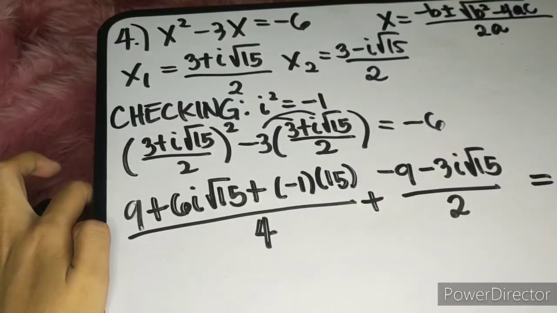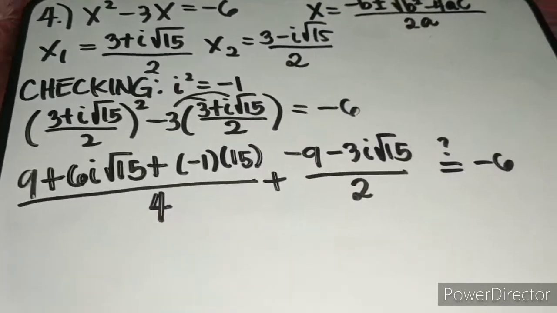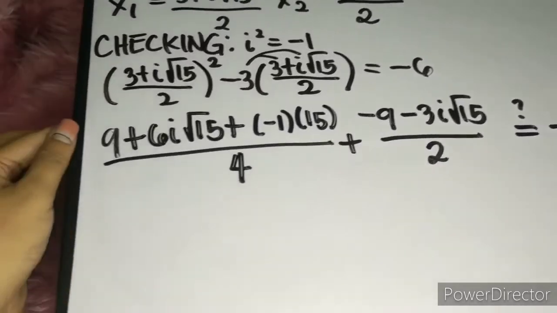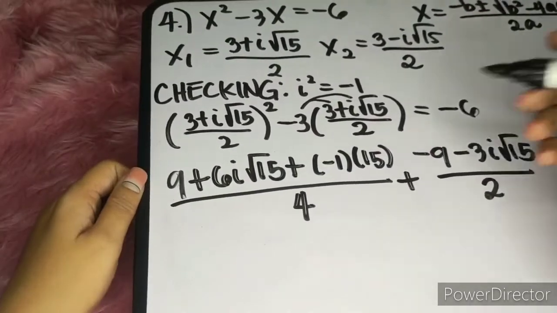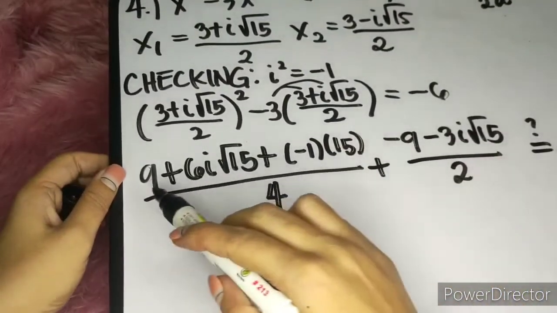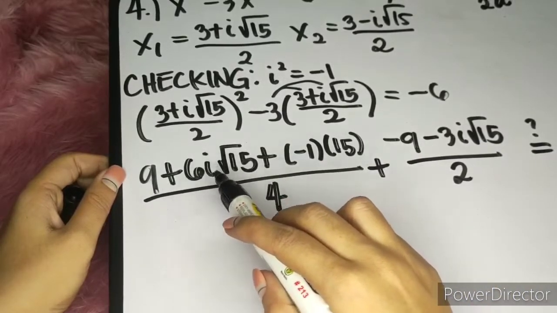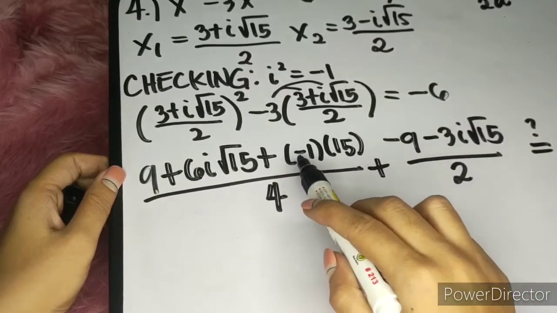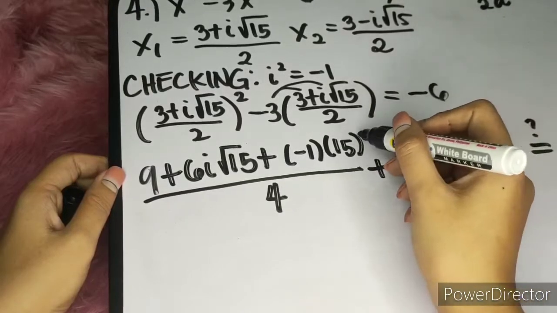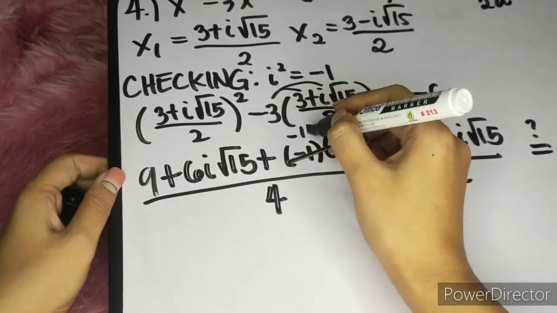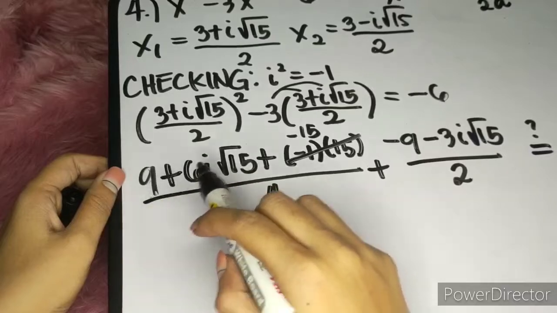Equals negative 6. So, tingnan natin kung mag-equal siya. Okay, let's now compute. So, remember, dahil all over 4 to, denominator to ng 9, ng 6i squared to 15, at saka ng sagot dito. Okay? So, ngayon ang ginagawa ko, I make it negative 15. So, we could now combine 9 and negative 15.